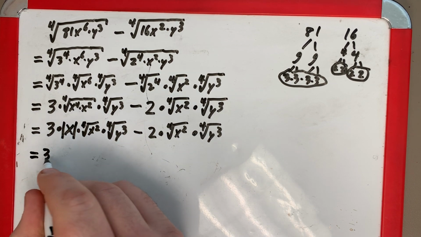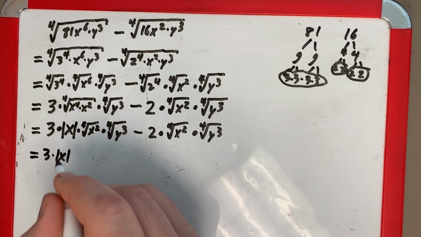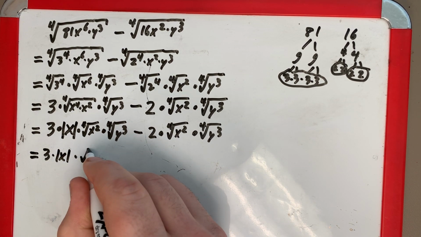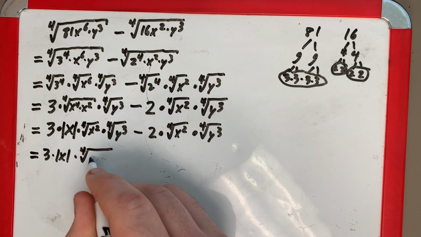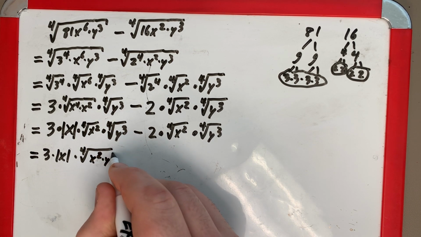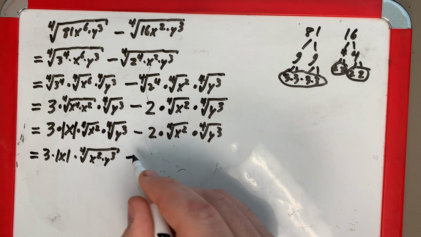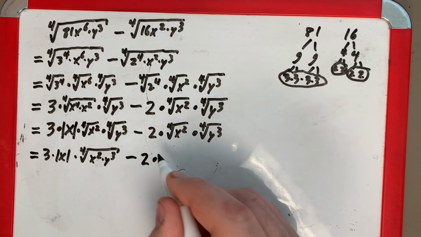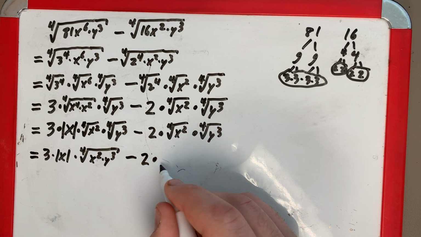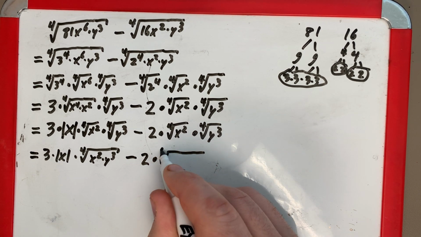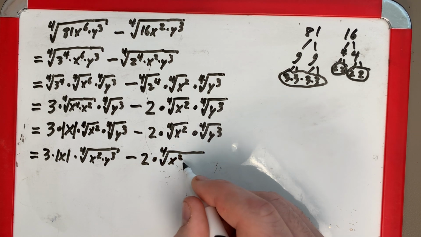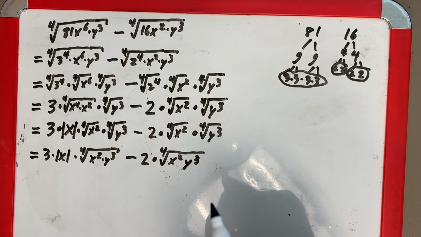So I have 3 times the absolute value of x times one big radical, the fourth root of x squared times y cubed. Okay, we're going to do the same thing in the second term. So we have minus 2. Put this all under one giant radical. I have x squared times y cubed here.